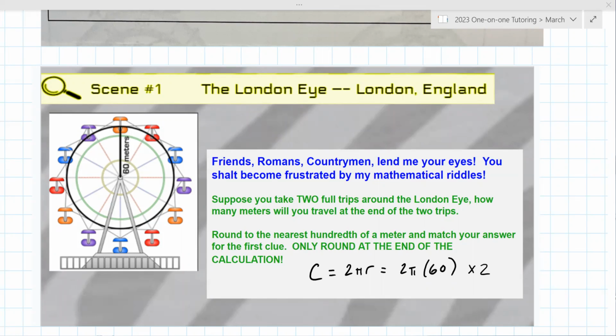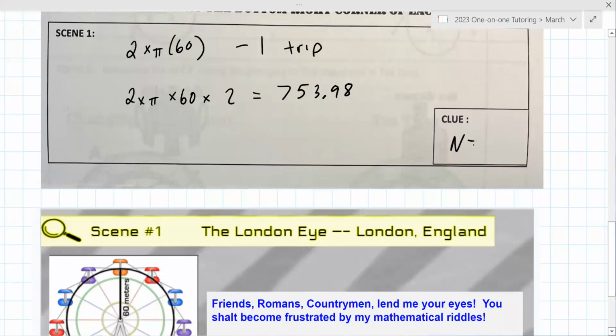Oh, so depending on the answer you got, it's different. Move the blue box to highlight. Okay, so your clue is n equals 754. And then I guess that means something. That's it for scene 1.